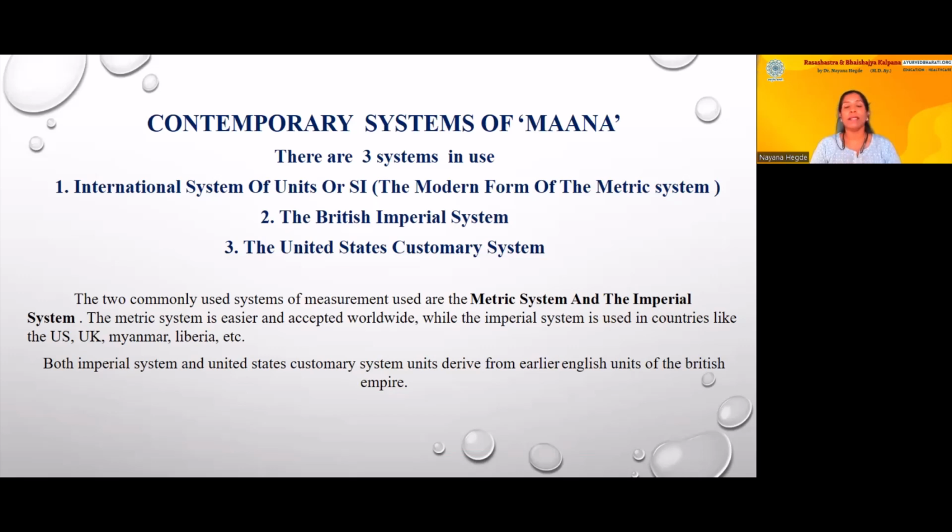Commonly, 2 systems are in practice: the metric system and the imperial system.